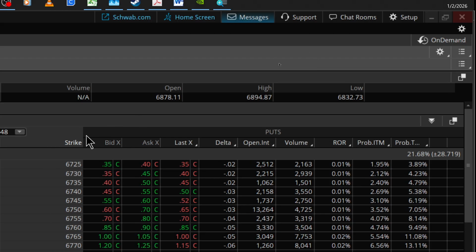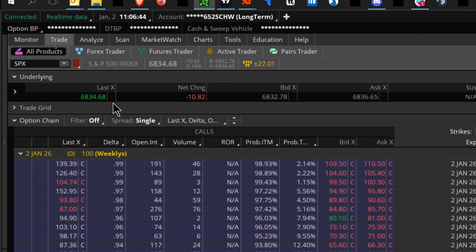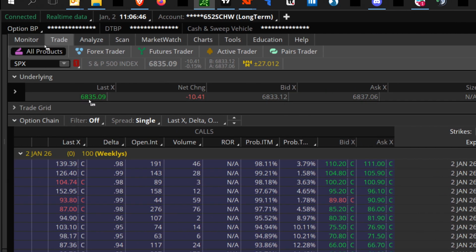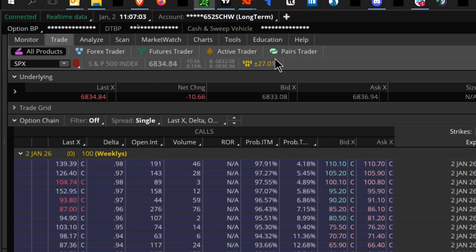So if we are currently at 68.35, just say plus $30, they're saying it should stay between 68.65 and 68.05. The market maker move, however, is implied volatility plus other things like news events or other external factors.